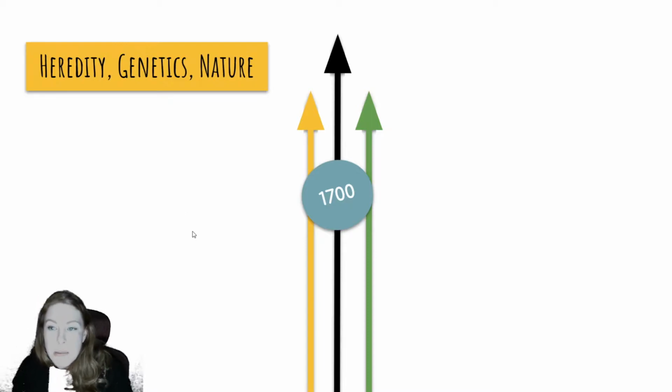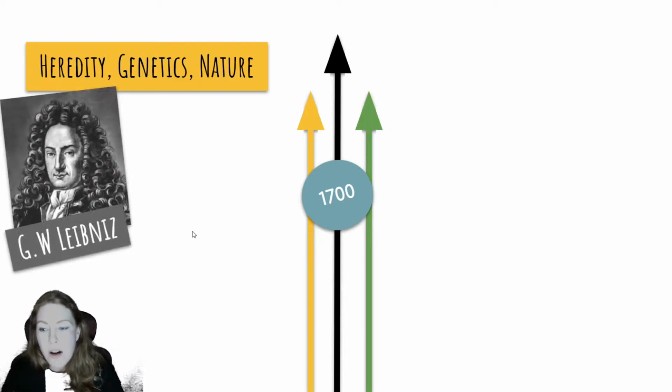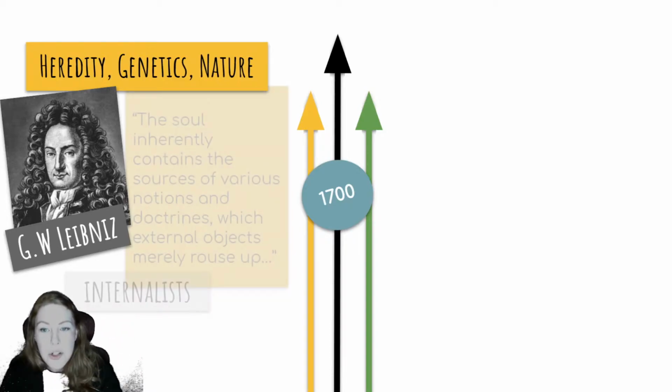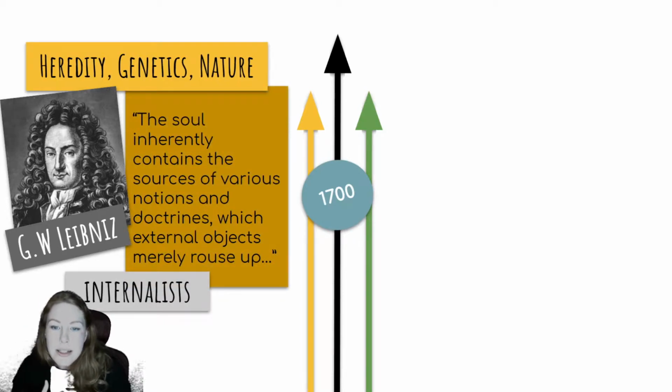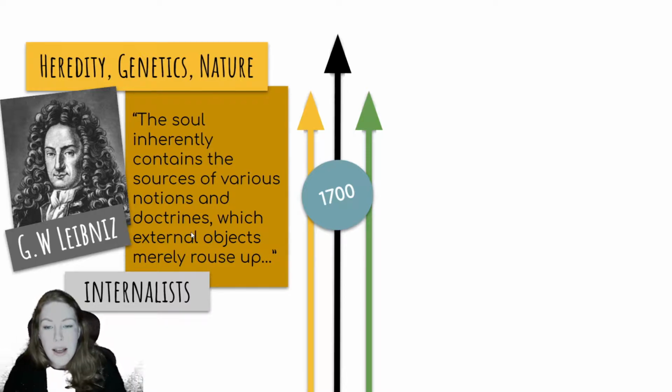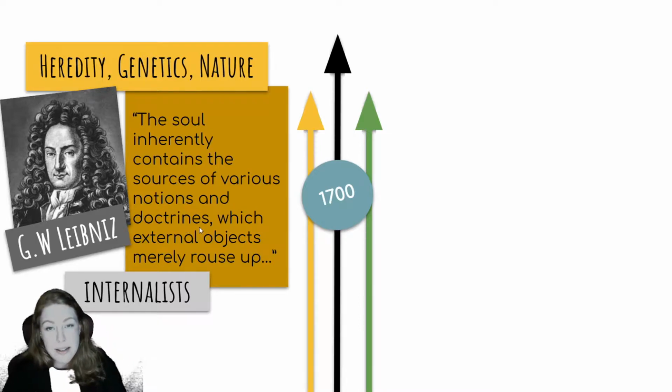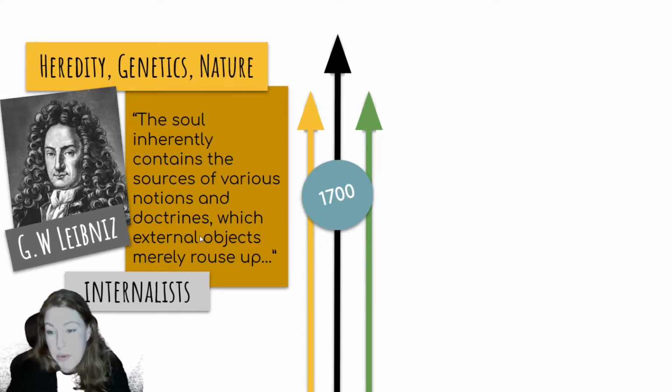The big speaker behind this movement is called G.W. Leibniz. And he is quoted as saying that the soul inherently contains the sources of various notions and doctrines which external objects merely rouse up. And this whole movement is called internalists. They basically believe that stuff came with us when we were born.